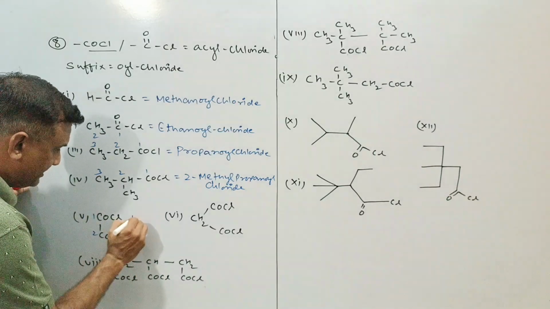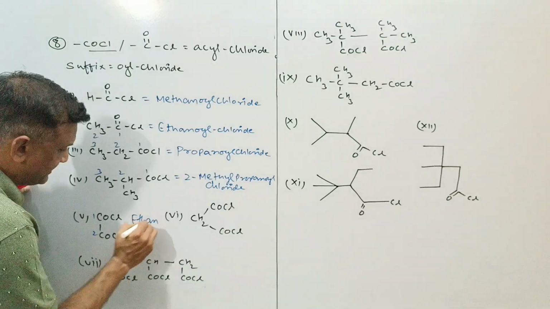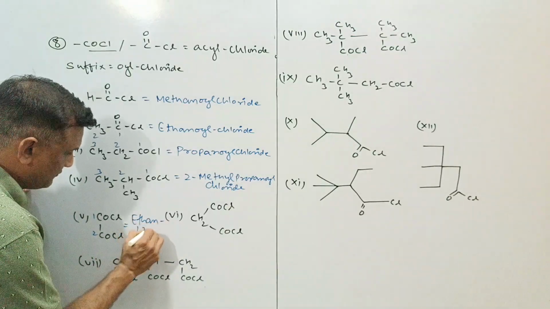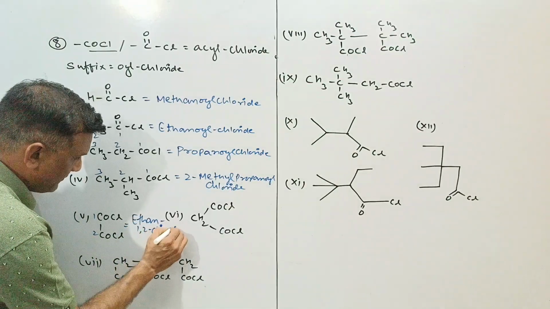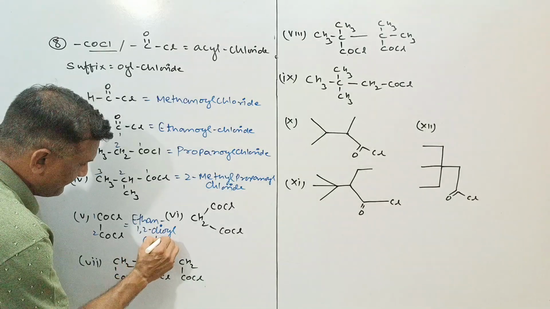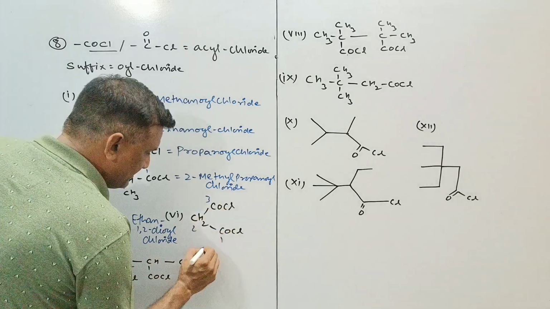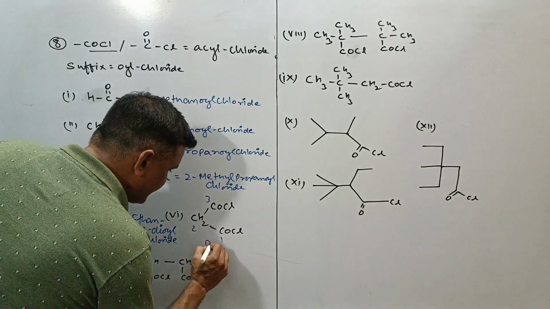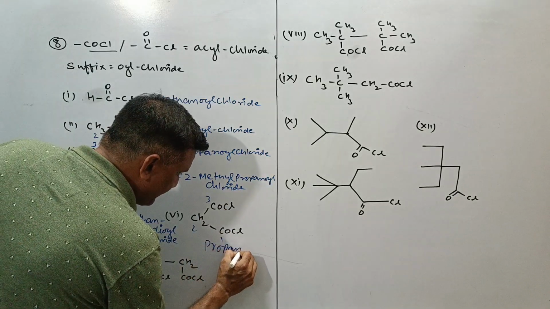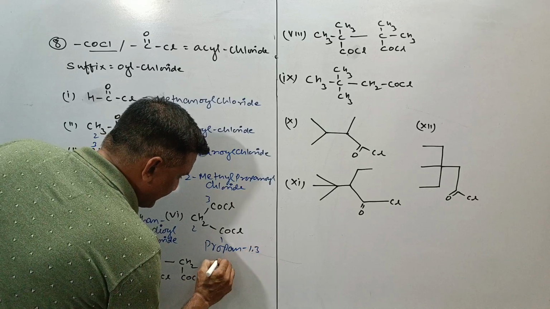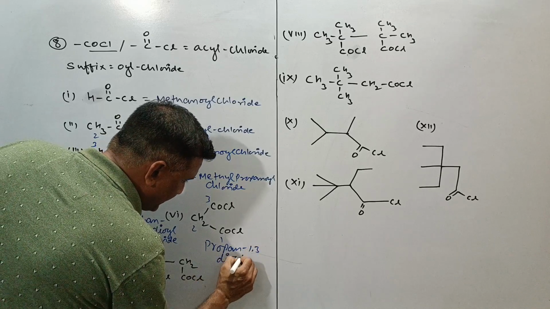This is just your fifth compound, 2 carbon atoms. So it will be ane due to the presence of a single bond, ethane-1,2-dioyl chloride. This is 1, 2 and 3. Here is a 3 carbon chain, so it will be propane-1,3-dioyl chloride.